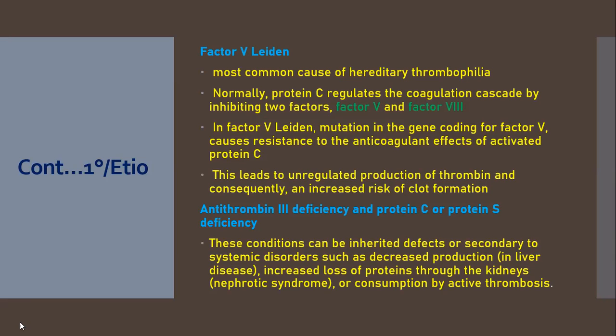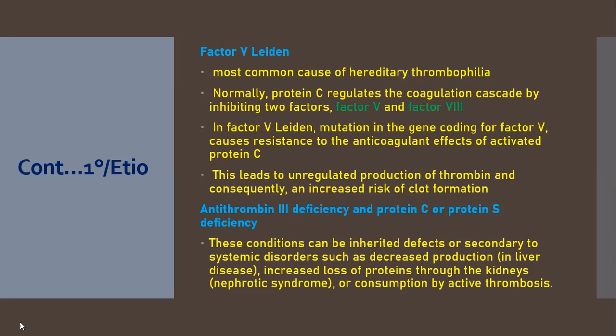And normally, activated protein C regulates the coagulation cascade by inhibiting two factors, factor V and factor VIII. And in factor V Leiden, mutations in the gene coding for factor V cause resistance to the anticoagulant effects of activated protein C, and this leads to unregulated production of thrombin and consequently can increase the risk of clot formation.